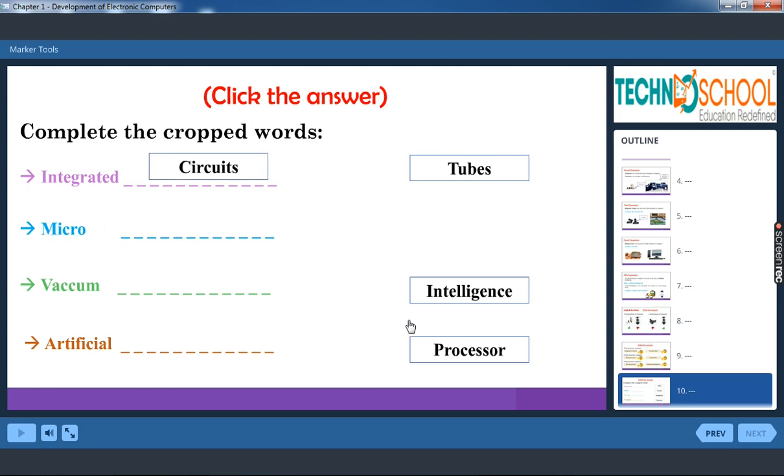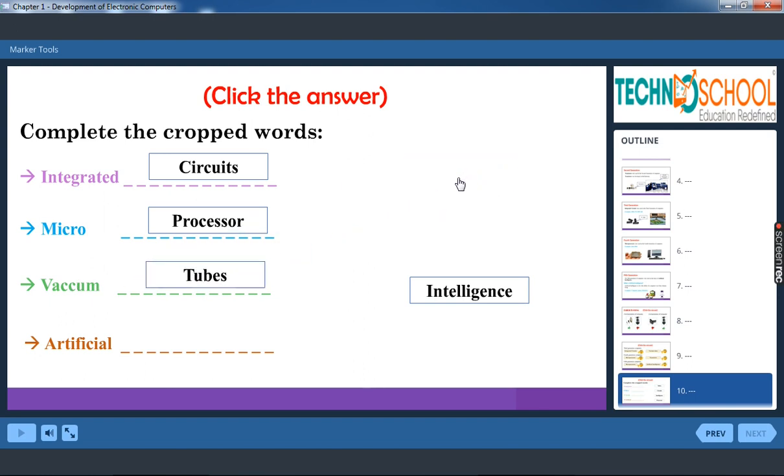Microprocessor, excellent. Vacuum tubes. Artificial intelligence. Good work, children. Good work.